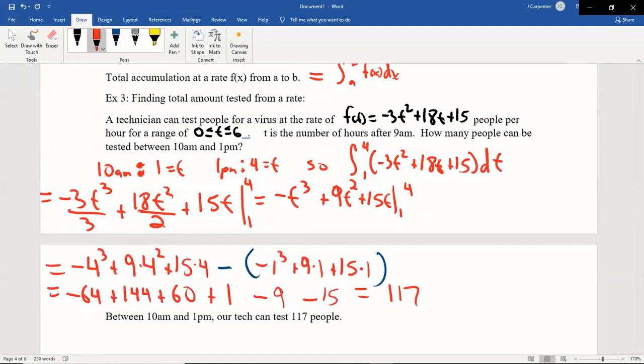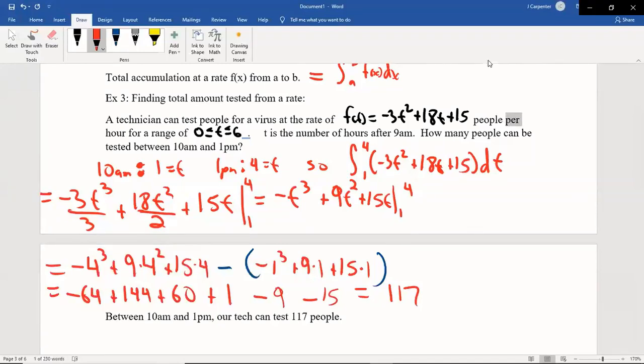Integrating a rate gives you an actual value. How did we know this was a rate? We literally had the word rate. But if you don't have the word rate, the clue is per. When you see the word per, P-E-R, not like a kitty cat, P-E-R, not P-U-R, that tells you it's a rate.